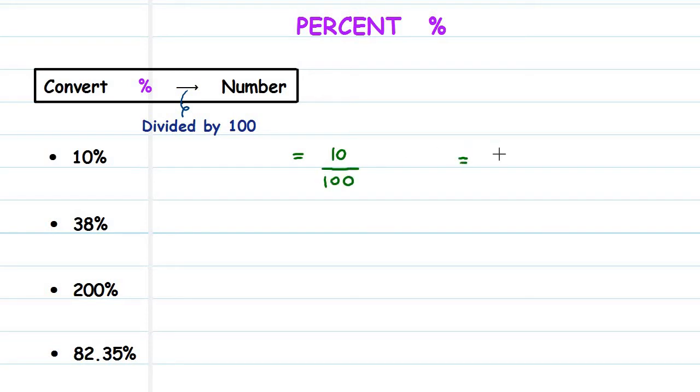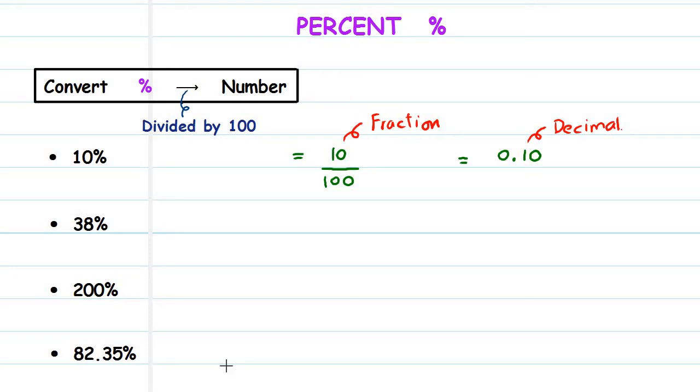And that will give us 0.1. When it's in this form, we call it fraction. And when it's in this form, we call it decimal. So now we know how to convert percent into fraction and decimal.